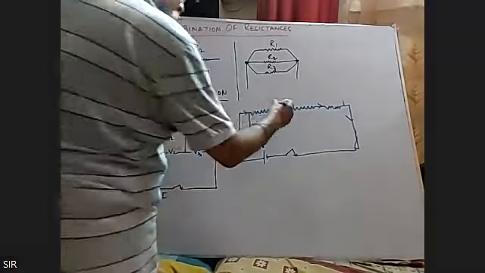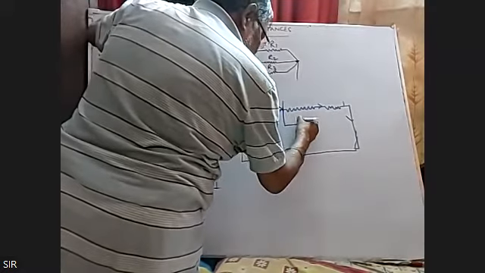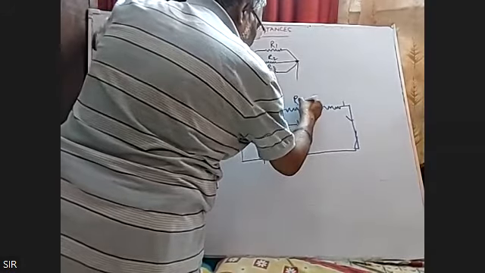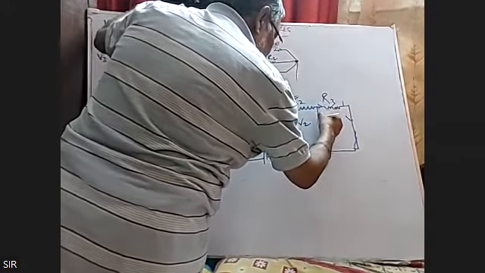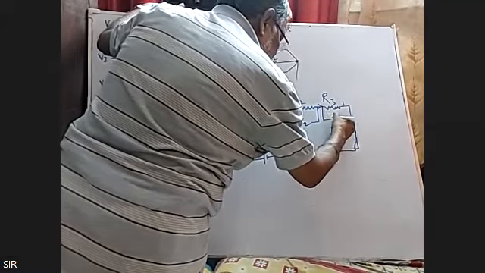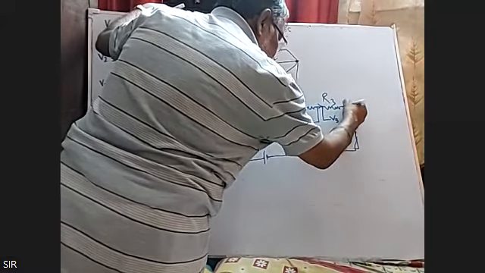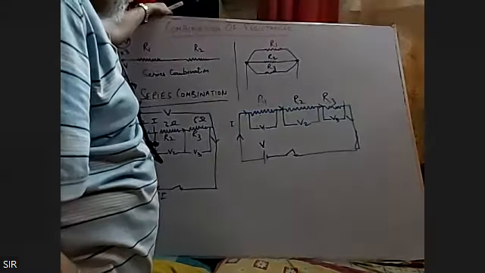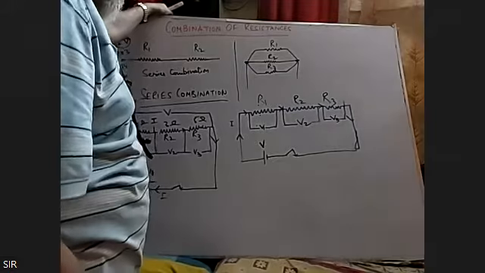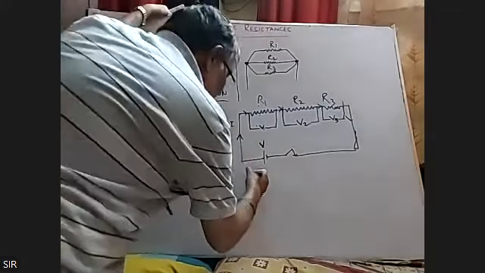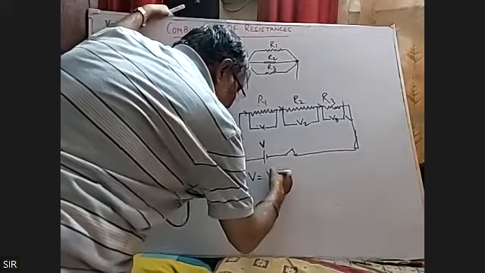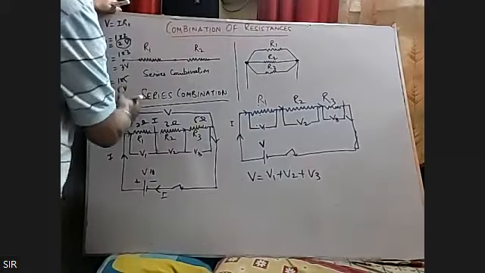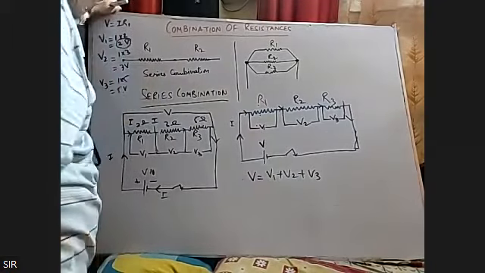Some potential is dropped across here also, which will be V2. I forgot to write R1, R2, R3. And some potential will be dropped across this, V3. Clear? But there are two conditions. V is equal to V1 plus V2 plus V3, which we found here. See, 5, 3, 2, 10.